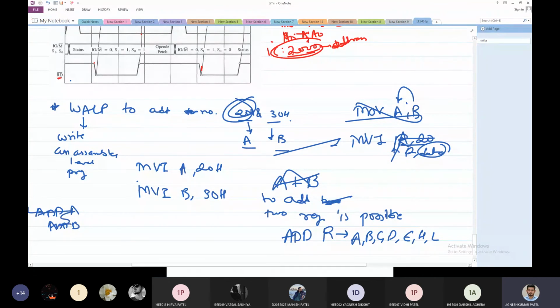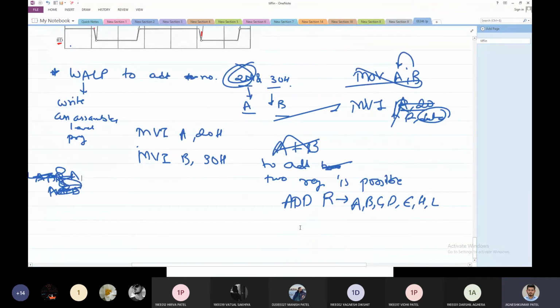To learn that, you must know what the ADD instruction will do. Basically this ADD instruction will add two registers. Two registers is for sure, but which are the two registers? The first register is always register A, or accumulator, and the second register is register R specified by you.